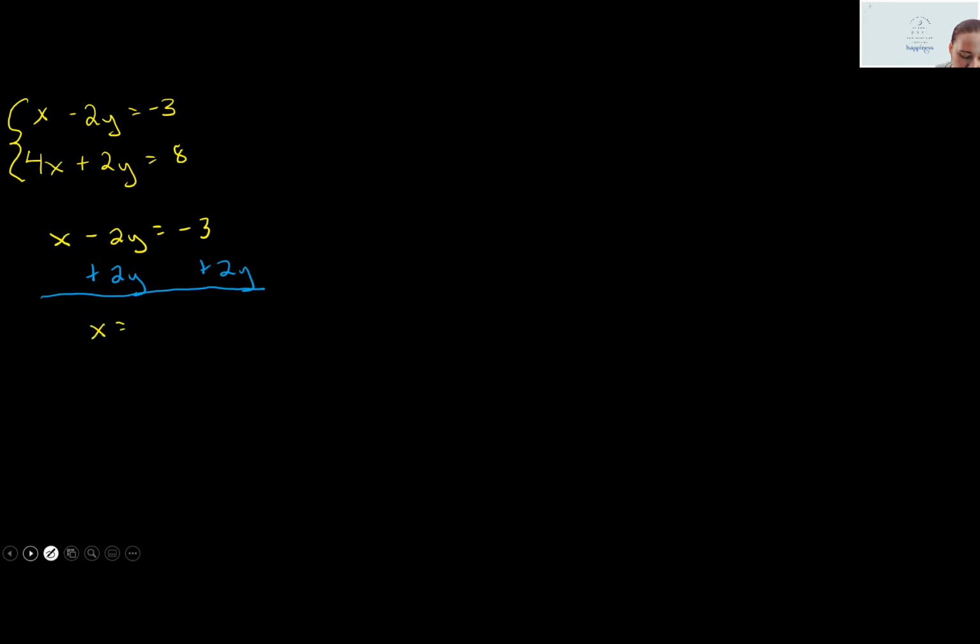We get x equals -3 plus 2y. And now I'm going to take that x and plug it into my second equation. So we have 4x, but I'm replacing x, so it's -3 plus 2y, plus 2y equals 8.